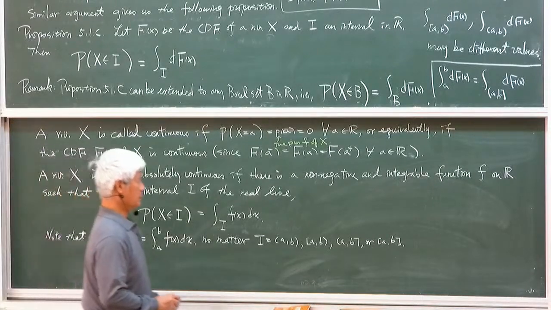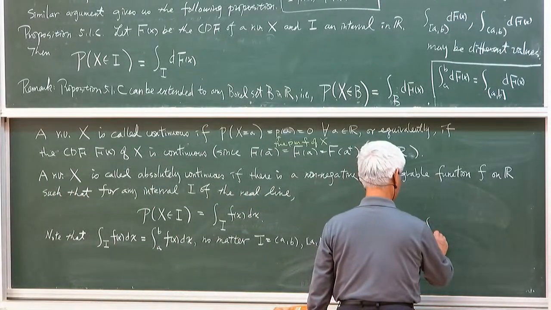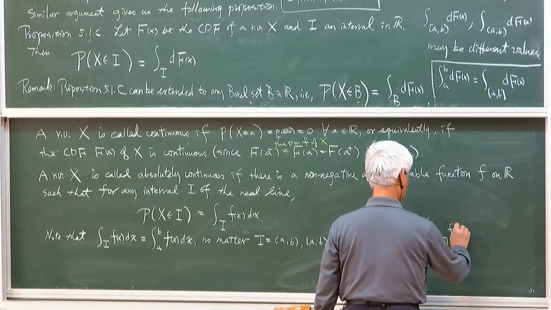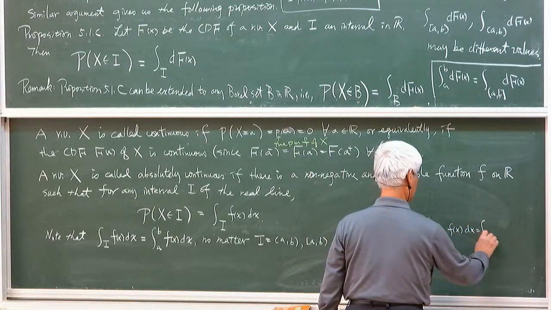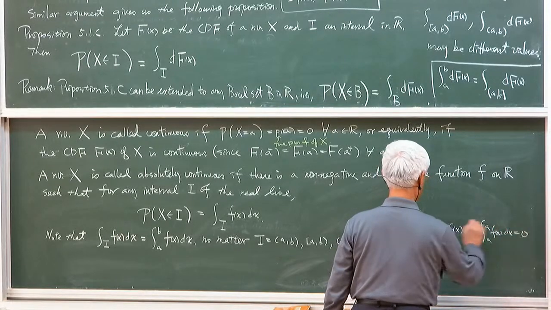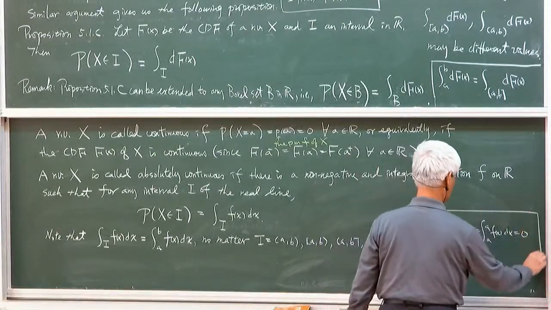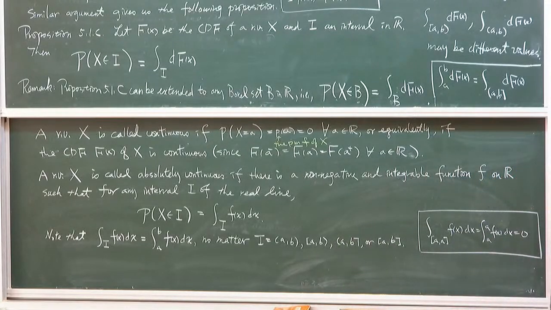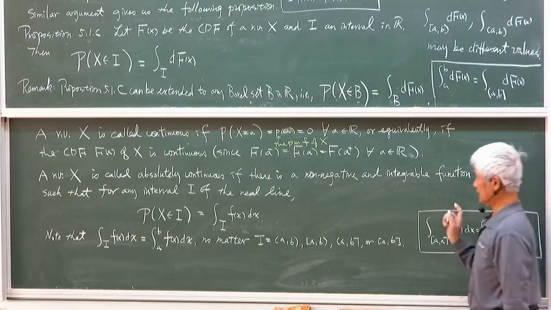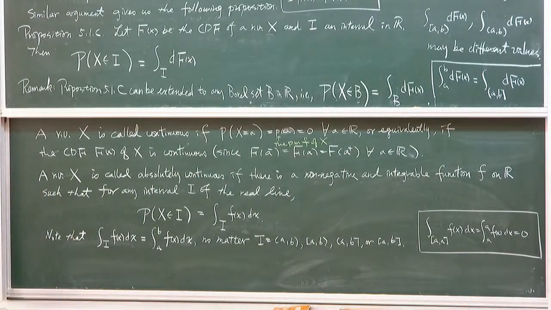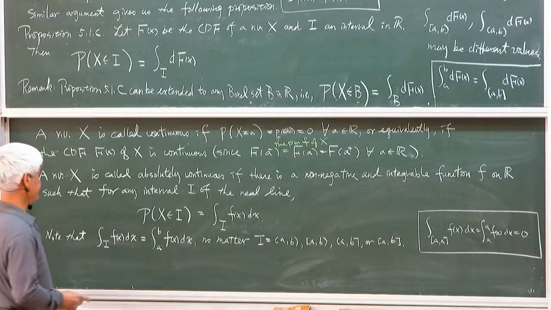So the probability of a single point is 0, okay? So it's very special because the integrator is the linear function x itself.